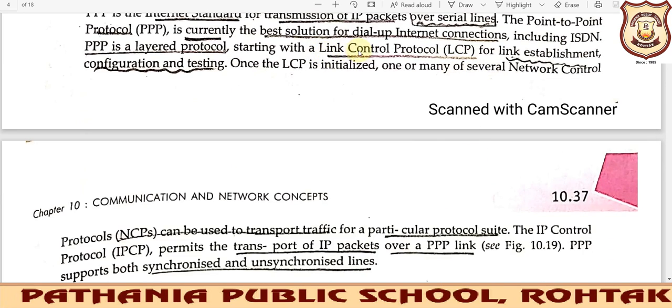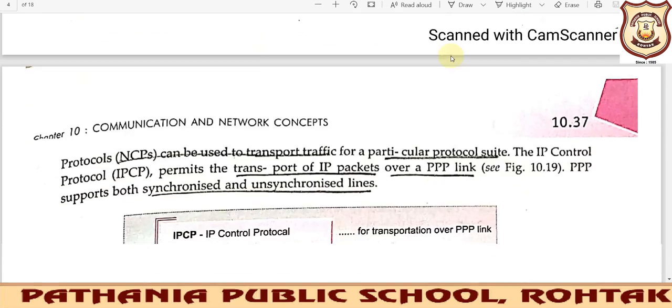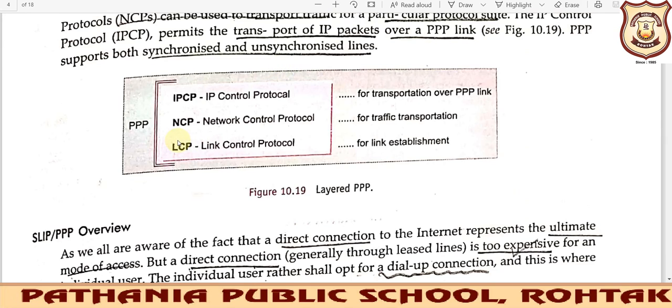LCP stands for Link Control Protocol, and we have another protocol, NCP, the Network Control Protocol, and IPCP, which stands for Internet Protocol Control Protocol. So it is connected with other protocols also, and it forms a layer of protocols.